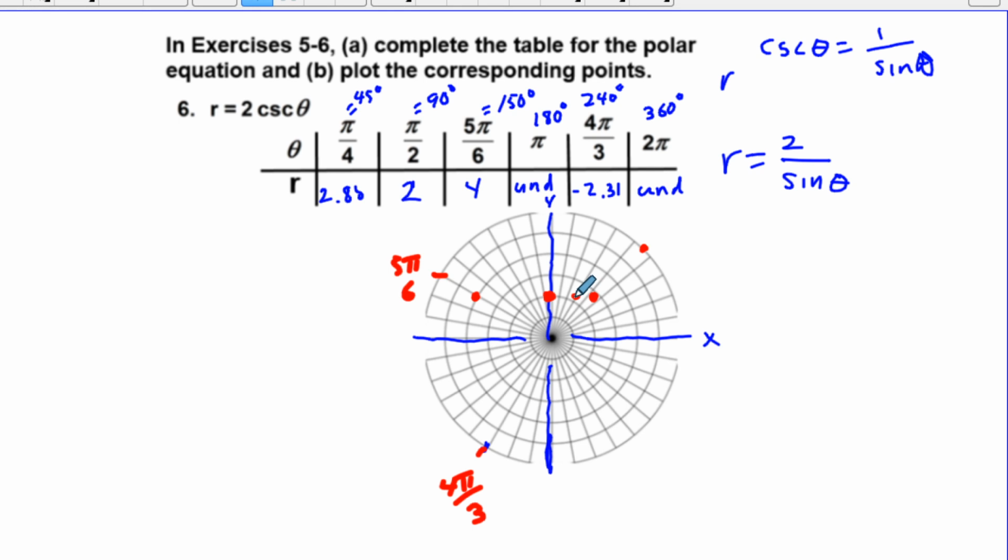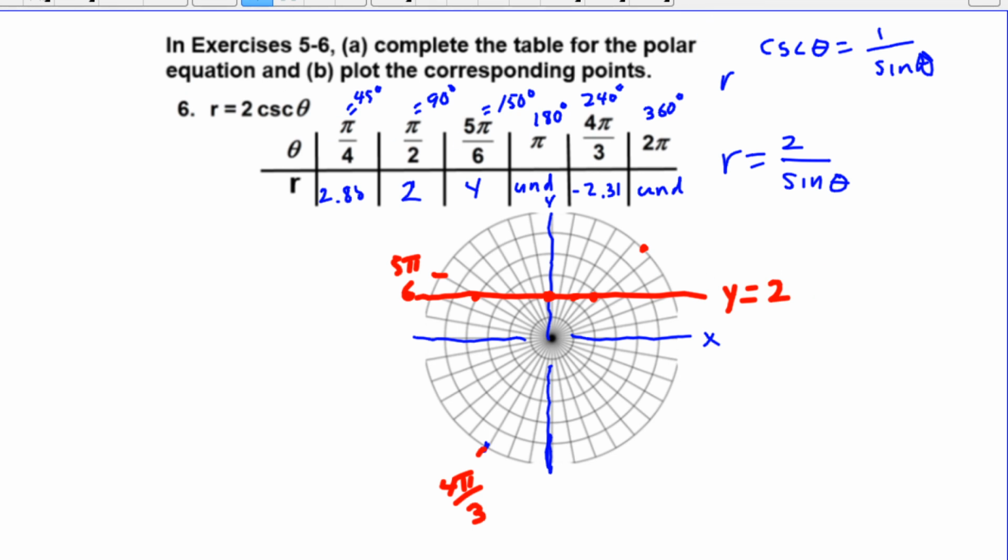And then 2 pi is undefined. So what do we have here? I'll show you what that is. That's going to be this looking thing right here. So really, it's going to be the line y equals 2. That's going to be the coordinate equation of that.